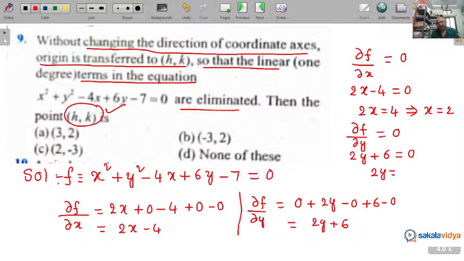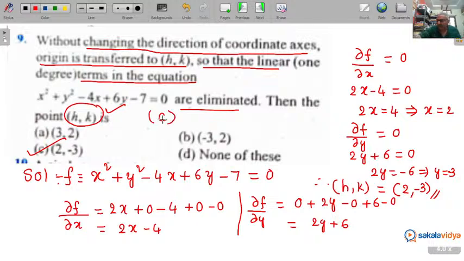So 2y is equal to minus 6, y is equal to minus 3. So the point to which the origin is to be shifted, means h comma k, is 2 comma minus 3. So C is the right option.